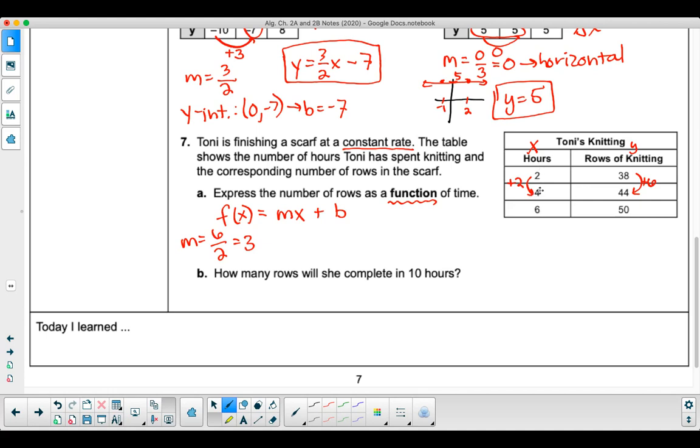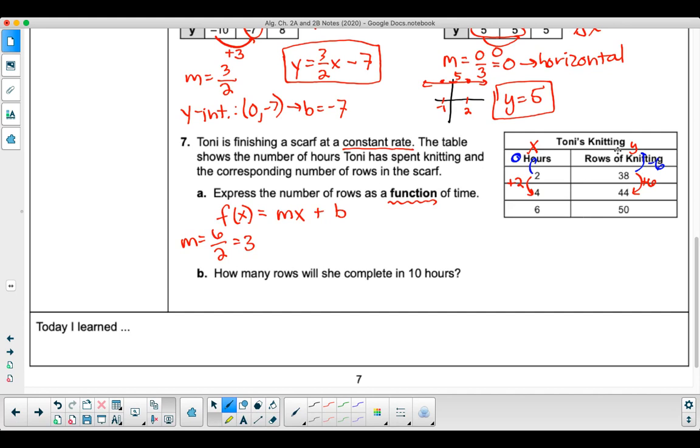Now on here, we don't have how many rows she had knit at 0 hours. Now, as you can see here, since this table is going up by 2 every time, one way you could find that b value or that y-intercept is to just go back 2 hours. So if we go back to 0 hours here, every time you go up 2 hours, it goes up 6 rows. Well, if we go back 2 hours, that means it's going to go down by 6 rows.